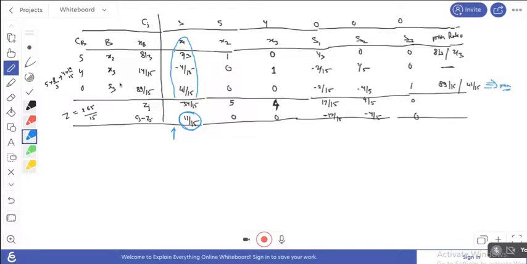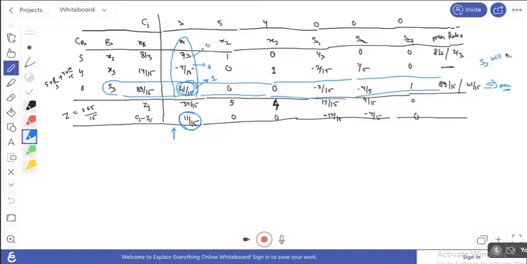This means S3 will leave the solution, and this is your key row. Okay. The intersection of this is your key element. Okay, you have to make that 1, and by using the row operation you make this 0 and this 0. Okay, so here S3 will leave the basis, and here x1 will enter.